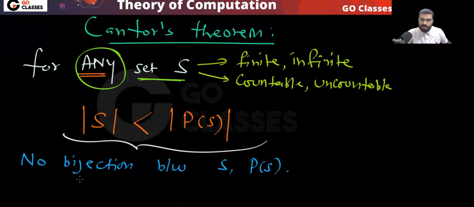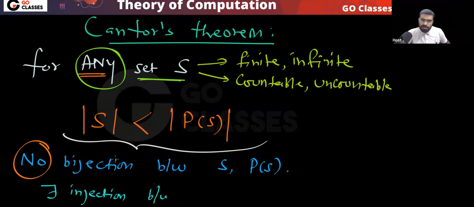There will never be a bijection. Is this clear? But there exists an injection from S to P(S). There exists an injection from S to P(S), but there is no bijection between them.